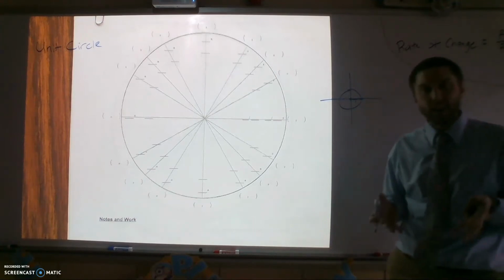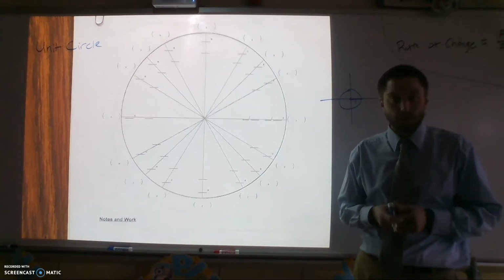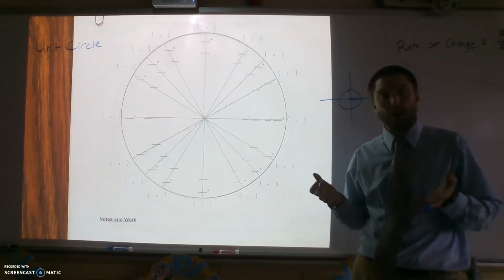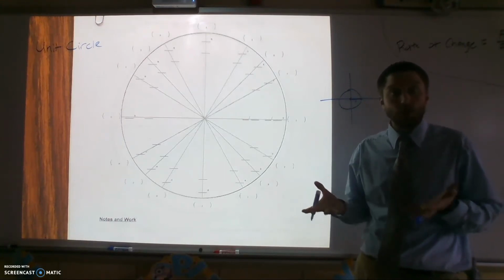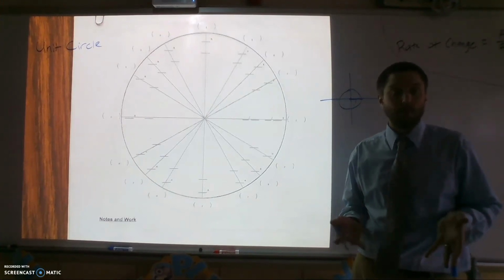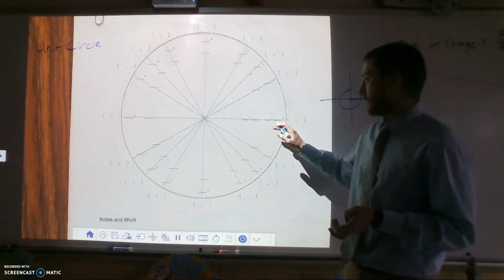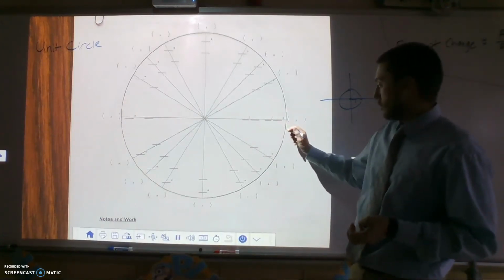All right, so today we're just going to focus on the angles of my unit circle. That's what we're going to focus on: how do we draw the angles, and we should feel decently comfortable with this if we did the homework from yesterday. Okay, so first of all, there's a couple of different lines on your paper here.